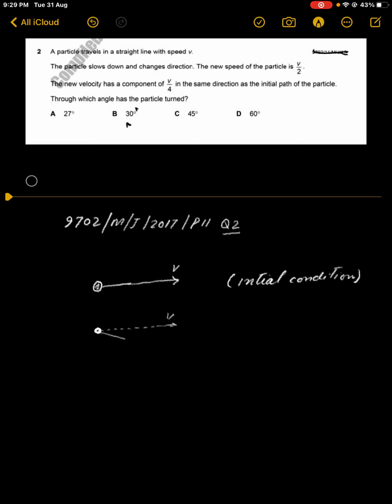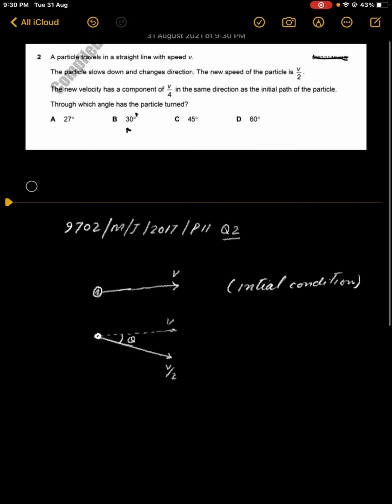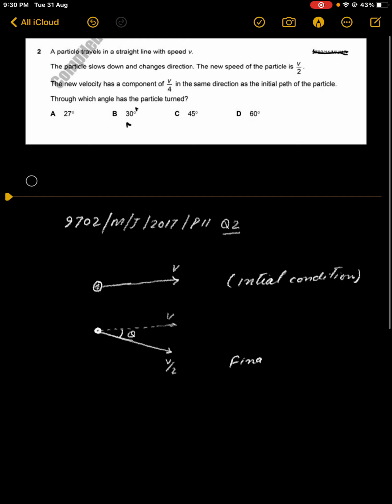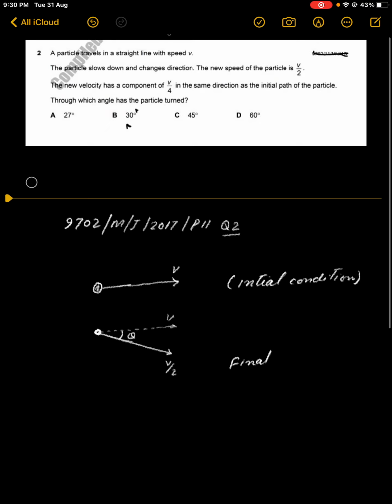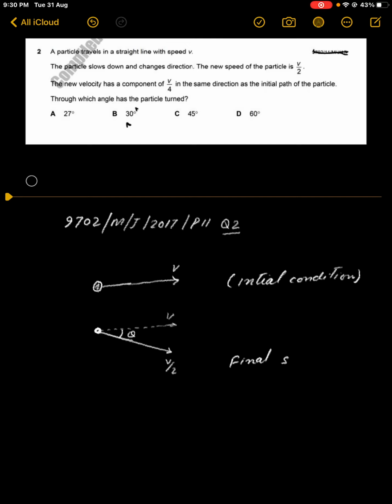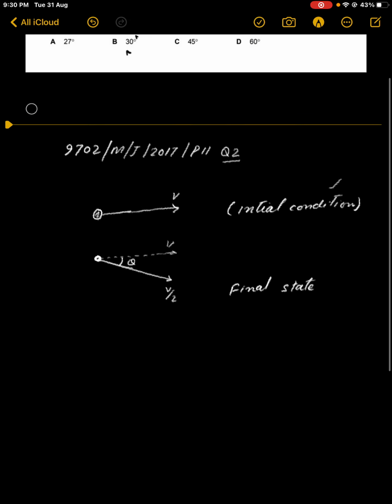Suppose this is the new direction, so this angle theta is our required angle, and the new speed of the particle is v by 2. You consider this is the final state of the particle, and the upper one is the initial condition of the particle.